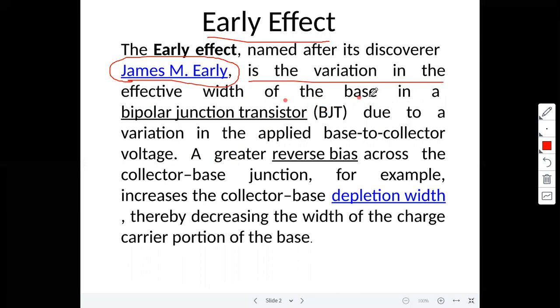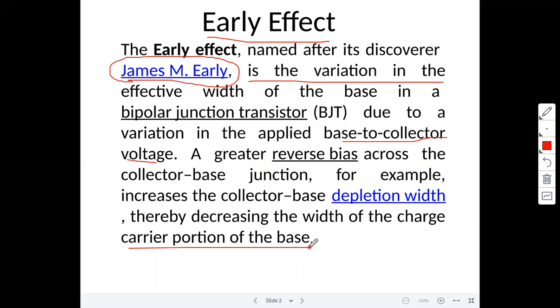Okay, what is the variation in the base region? The width of the base region changes. How does it change? Due to a variation in the base to collector voltage. So a greater reverse bias across the collector base junction, for example, increases the collector base depletion width, thereby decreasing the width of the charge carrier portion in the base.